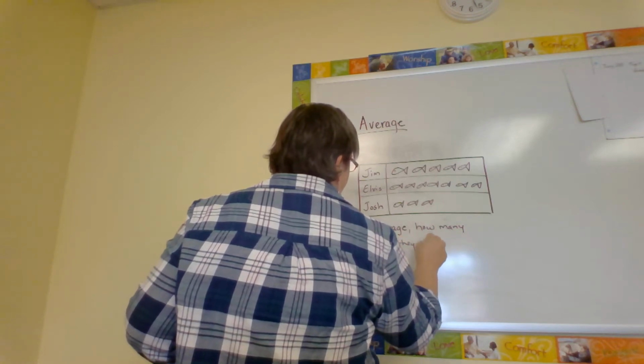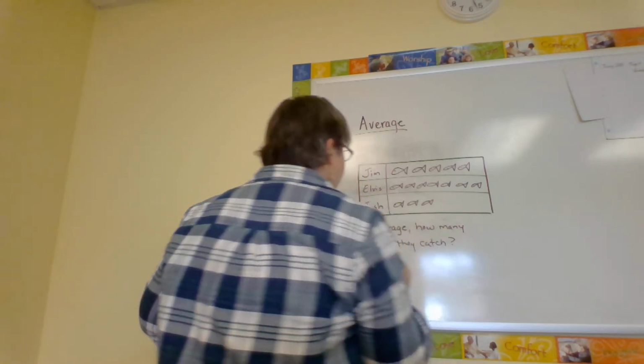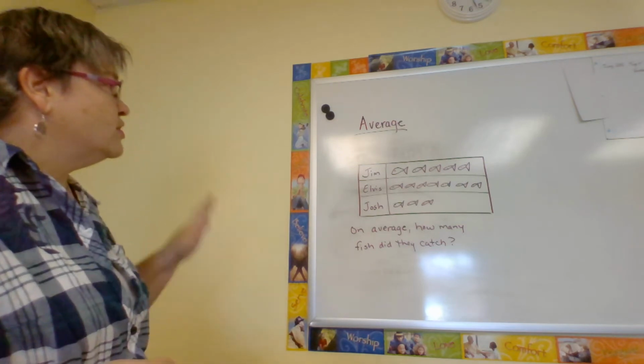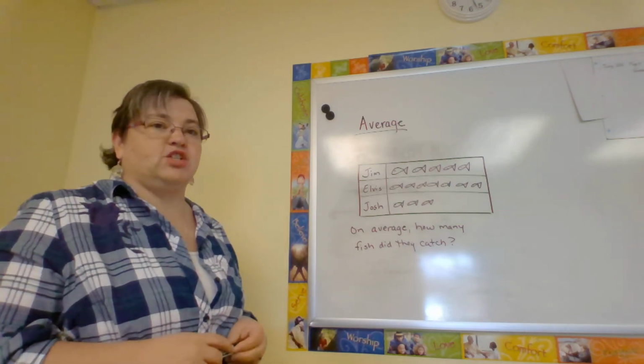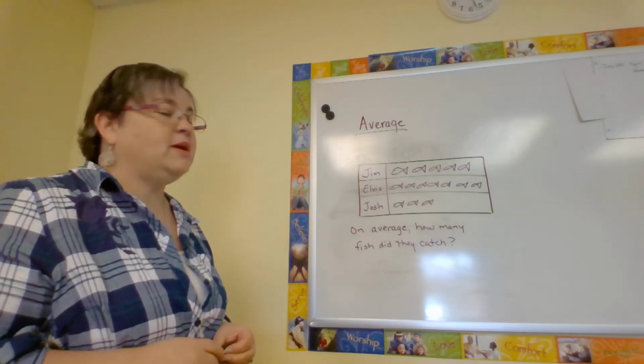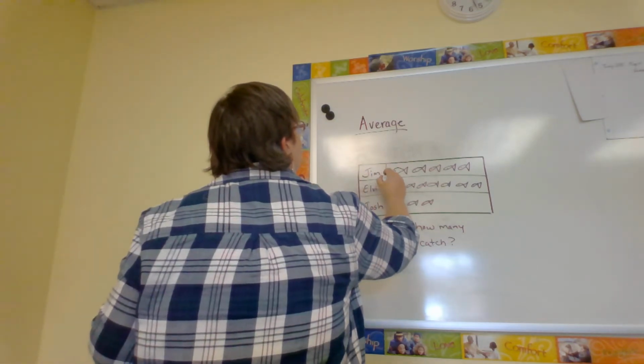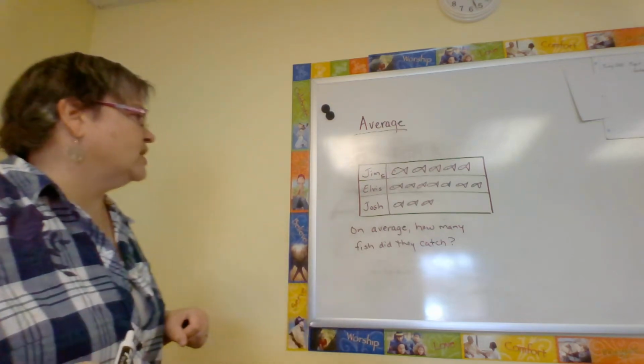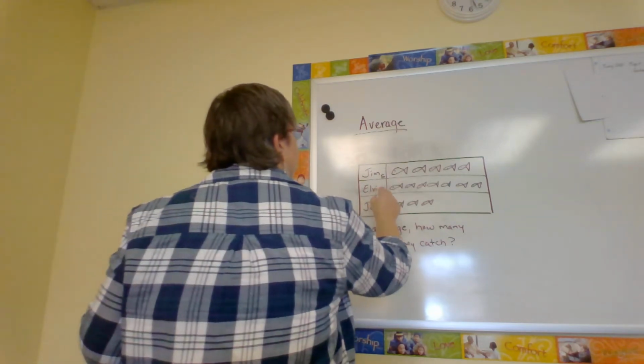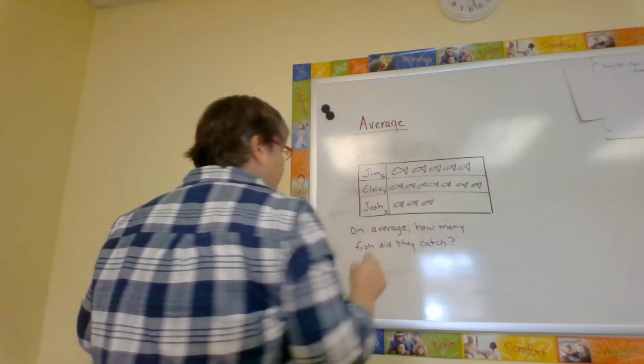We have to find the average of these 3 numbers. Phoebe, how many did Jim catch? 5. I'm going to write that here. Wyatt, how many did Elvis catch? 7. And Josh caught 3.